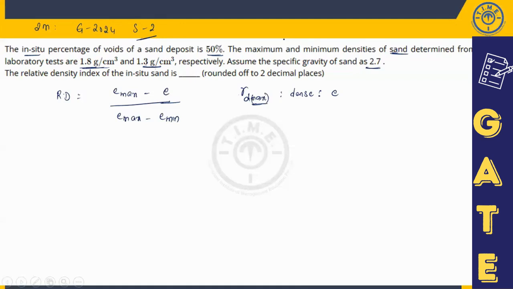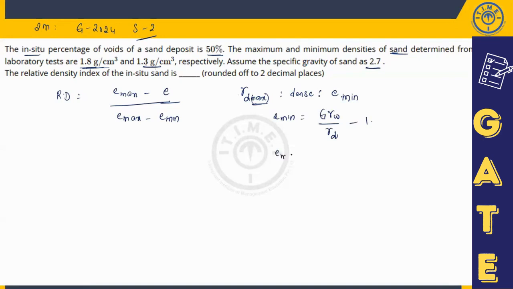If gamma D max means dense state, voids will be minimum. Voids will be minimum means void ratio will be minimum. Therefore, I can use a formula e minimum is equal to G gamma W by gamma D max minus 1.